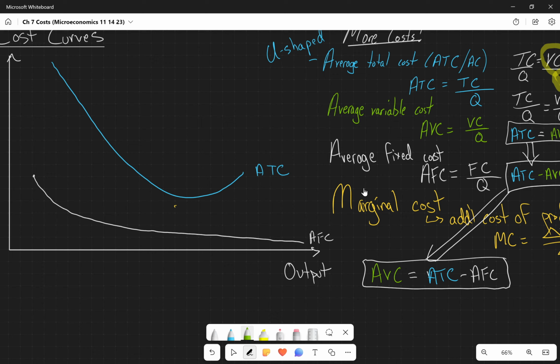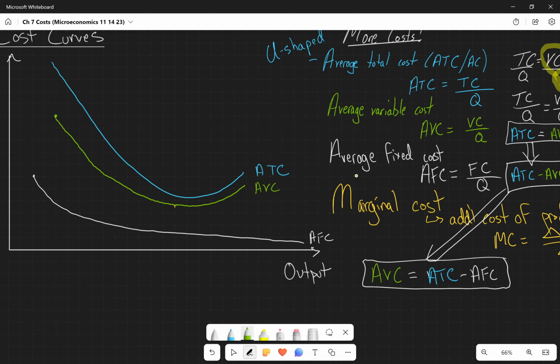So if we look here, the average fixed cost here is 4 squares. So that means that my average variable cost should be 1, 2, 3, 4 squares below. And then it's going to get closer and closer and closer to my average total cost.